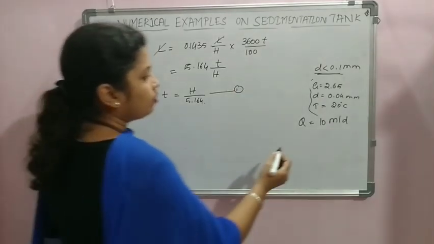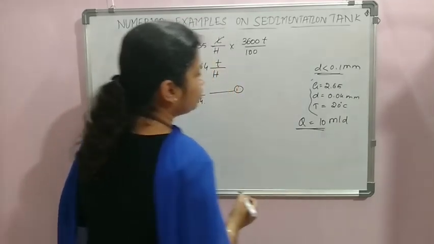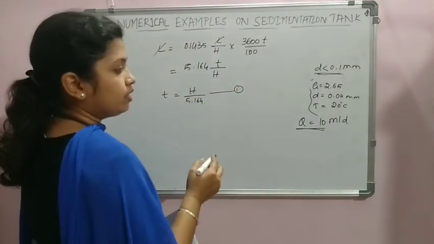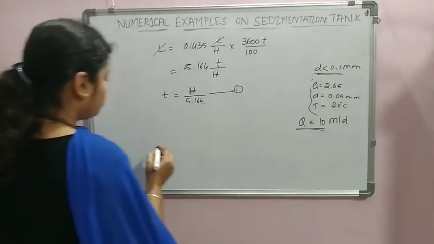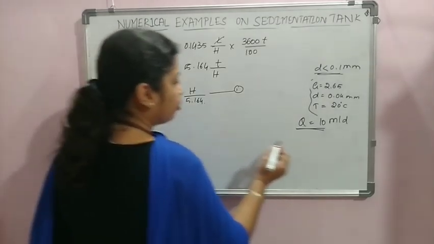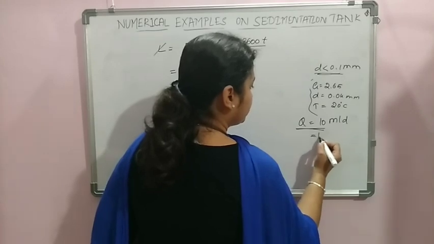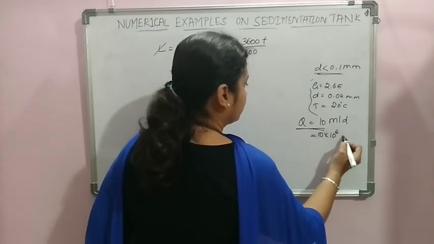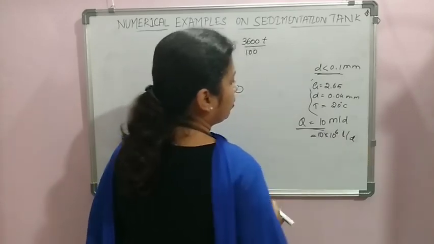Now they have given the quantity of water that is entering as 10 MLD. Which means, as we always calculate, this is the amount of water that is treated. 10 into 10 raised to 6 liters per day is the water treated.